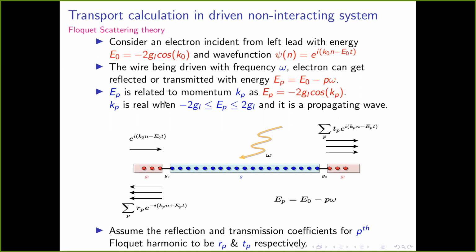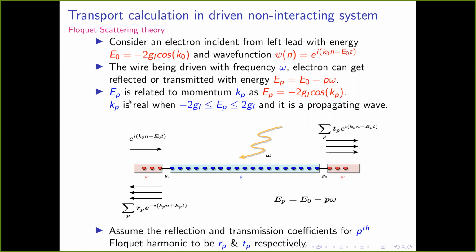Now that electron will get transmitted or reflected back to the leads, either left or right lead, but that will only be a propagating wave if this EP is an allowed energy in these leads.